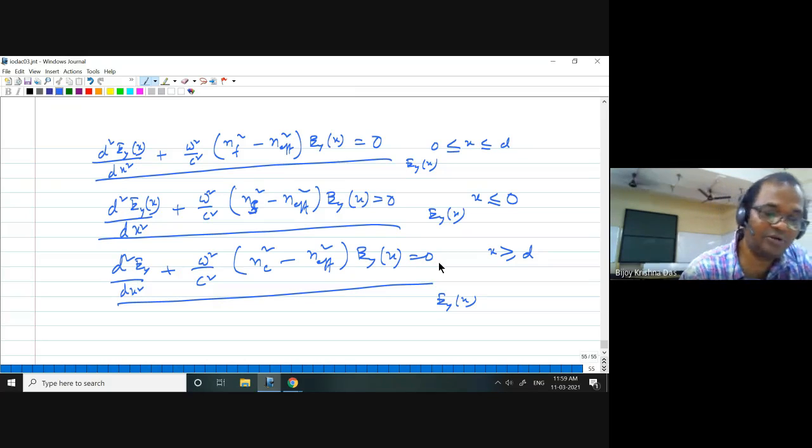But these 3 different solutions should also be valid at the interfaces. These are differential equations. If you solve, you will get some constants, and those constants can be found through the boundary conditions, continuity at the boundary. And then we'll be able to find the solution for EY for the T mode.